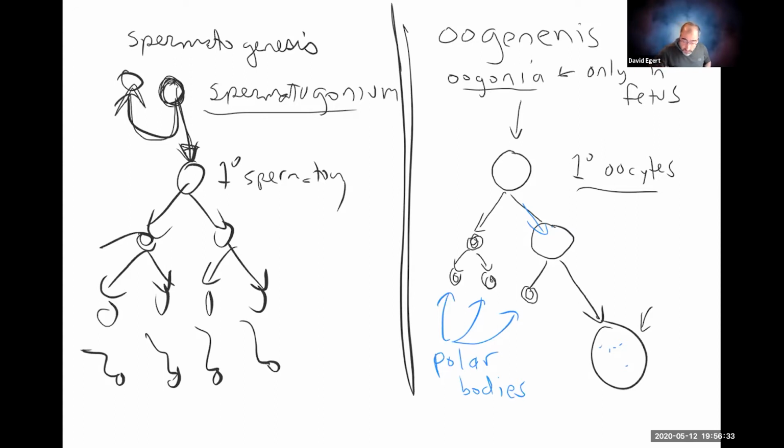Going from a primary oocyte to a mature ovum that's going to ovulate, there's more we need to talk about, because I mentioned last time that the egg is never on its own. It's always bundled with additional cells. So let's introduce the idea of the follicle.